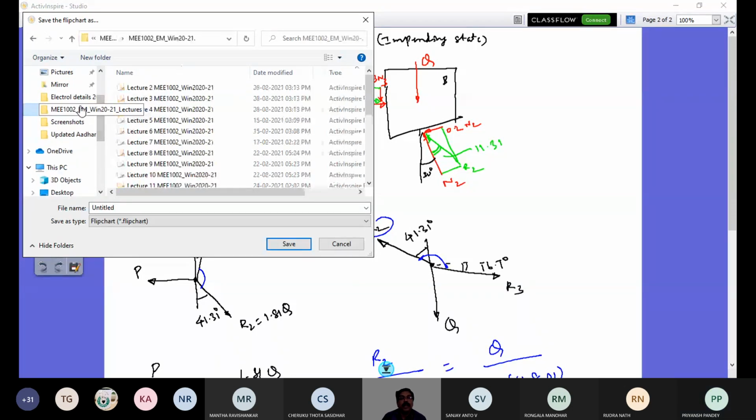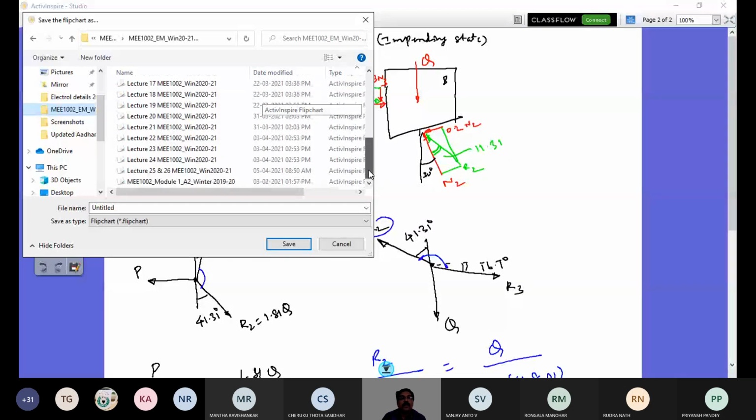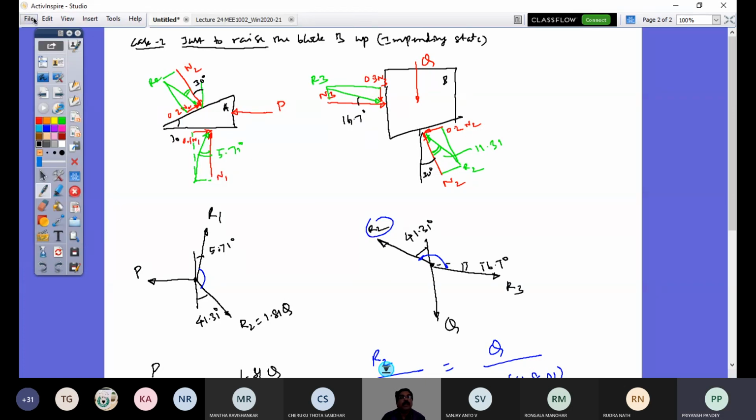Just let me save this file. So this is lecture number. What is this lecture number? 25, sir. 25 or 27? 25, 26? Maybe 27 or 28. 27, correct? Last lecture we had 25 and 26, which I have saved. So this is 27. Yes. So let me just take that lecture as well, 25, 26, what we were doing.